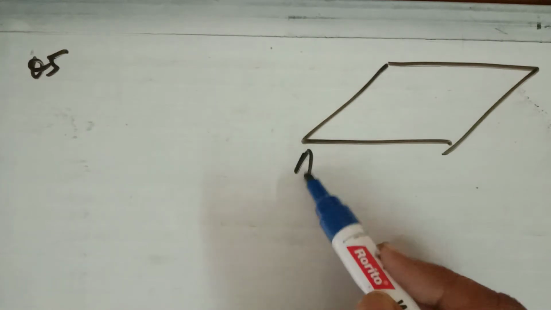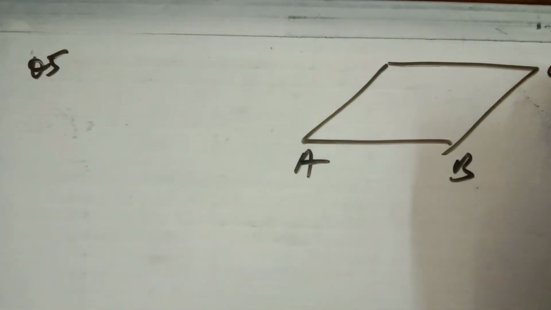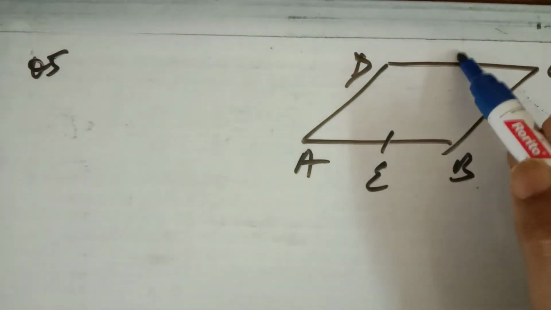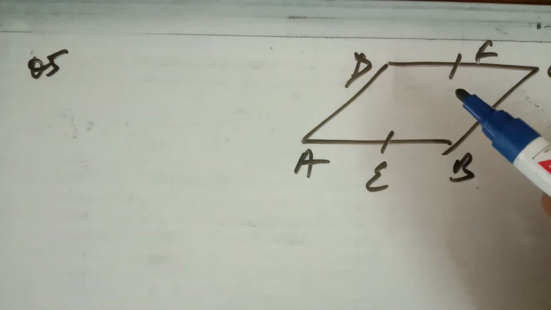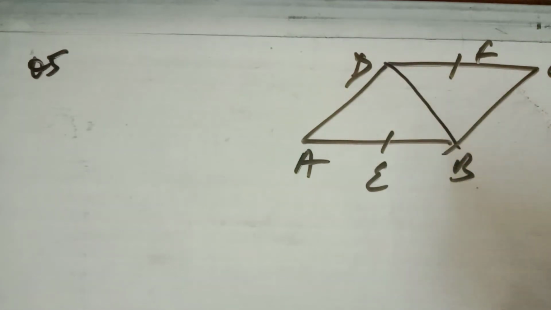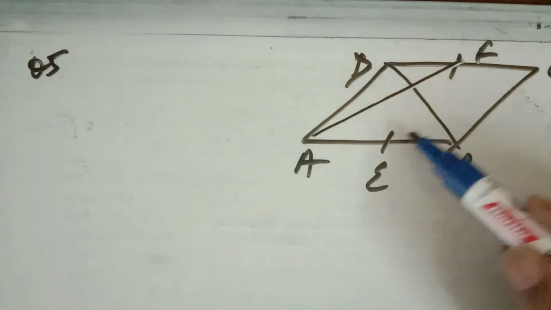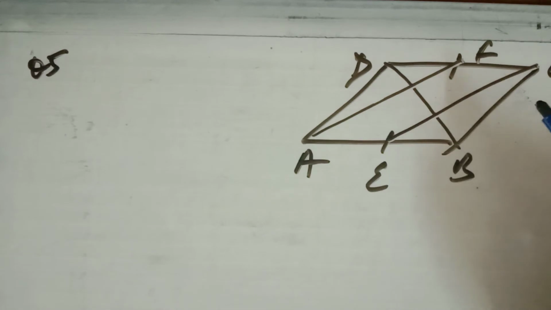So there is a parallelogram ABCD, and E and F are the midpoints of AB and CD, it is given, and BD is a diagonal. A line is drawn parallel to EF, then you have to prove that this trisects the diagonal BD.